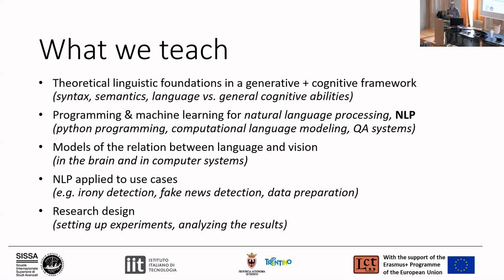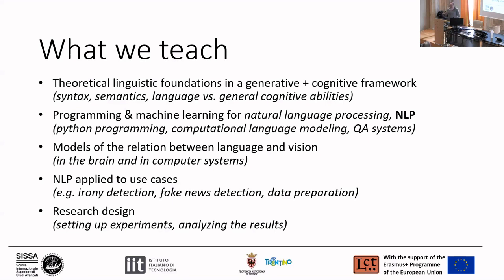We have also a more applied set of courses, thanks to collaboration with the research center at FBK in Povo, Trento. And that means using NLP, natural language processing, on a variety of use cases, which go from irony detection to fake news, data preparation for training artificial systems, sort of more applied.